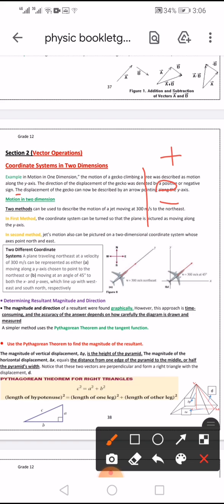Now, after we studied vectors, we use an arrow to describe the direction, either an arrow toward the north, which is positive, east, which is positive, south, which is negative, west, which is negative.